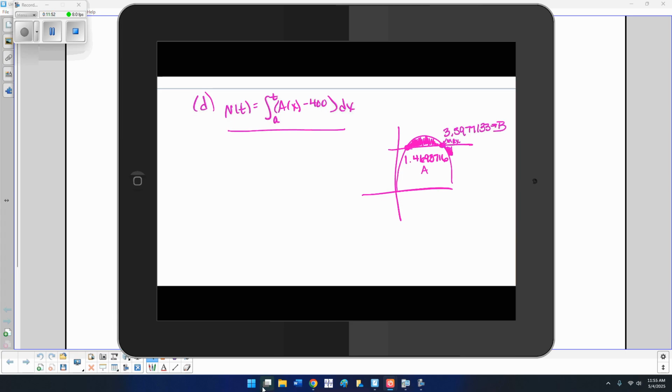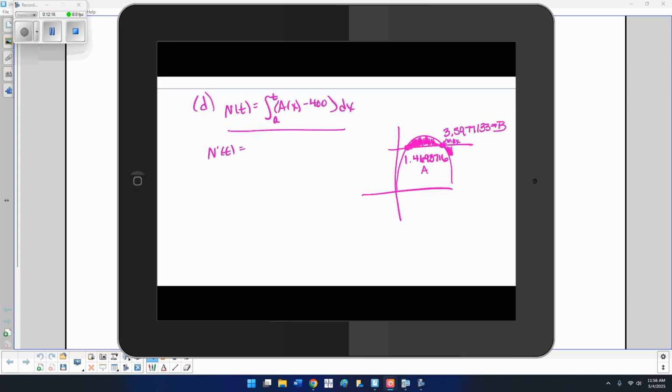If I make it clear that this number is A, I can use A in anything that I write with it. So I'm going to write n prime of t, because we're trying to find a maximum or minimum. We've got to find our critical numbers, which is actually the work that I just did.